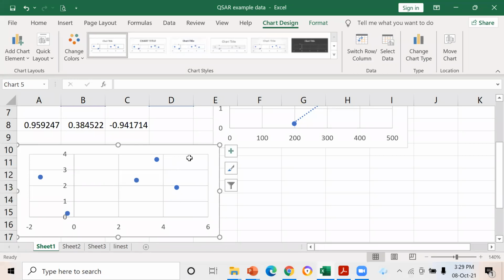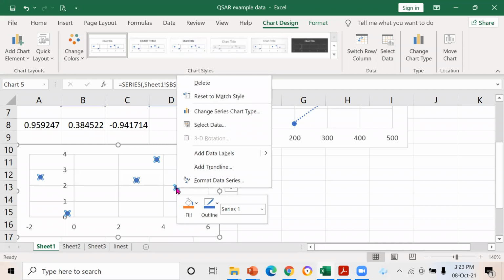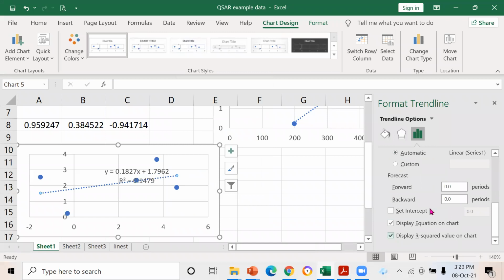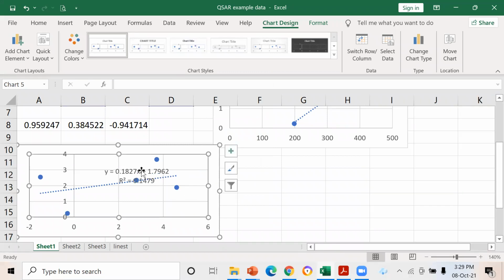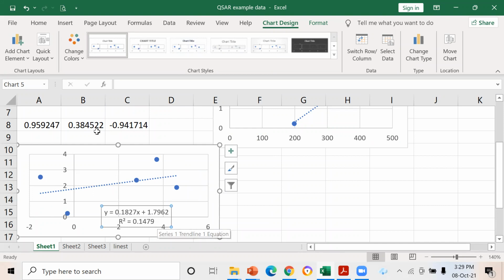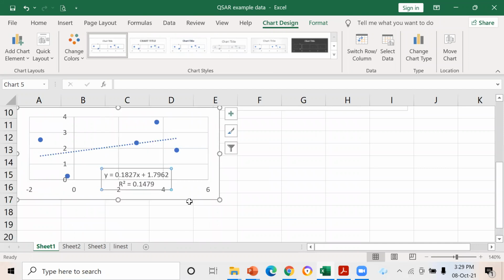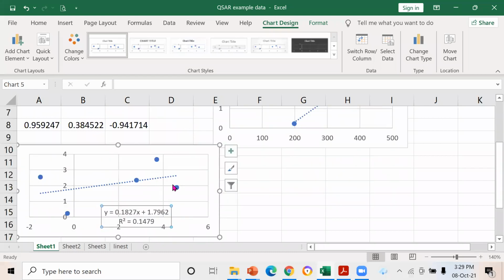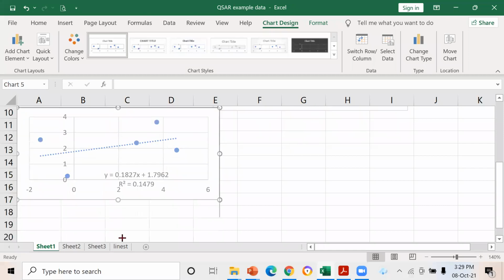Even if you try to make an equation and trend line, the points are all over the place. And R square is also very bad, as expected, because our correlation coefficient was bad. So log P is not a good model. See the volume plot, where all the points are very close to the straight line. So definitely this is not a good model.